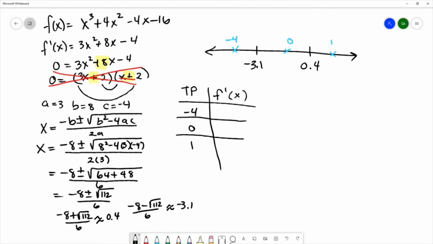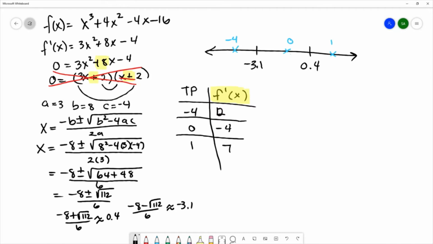Once you substitute them into the derivative, this is the key part, you'll get a positive 12, a negative 4, and a positive 7.